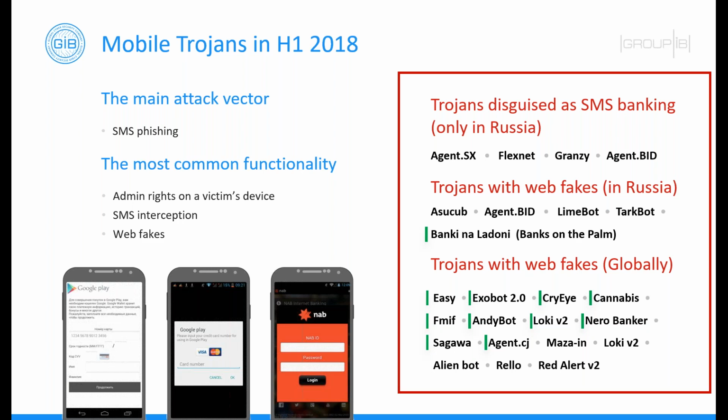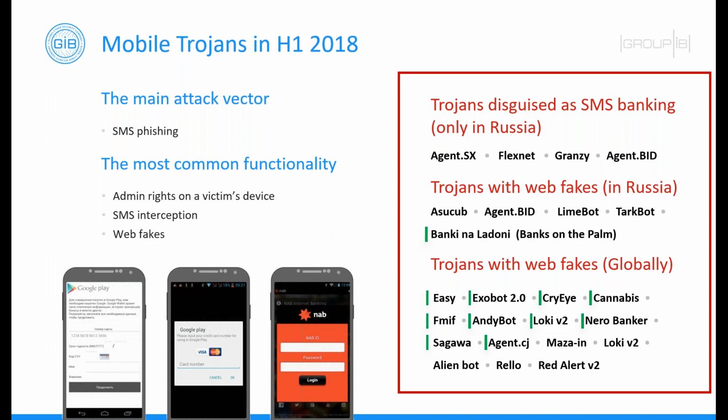The main attack vector hasn't really changed, because SMS phishing continues to be one of the most effective ways to spread malware: basically, mass spamming with SMS messages containing a URL pointing to malware. The second way, which I will also mention further with some examples, is malicious advertisements which lead to fake application markets where the user downloads malware.